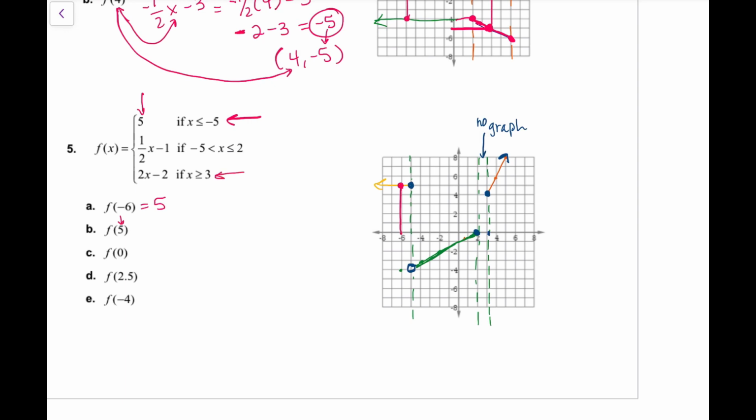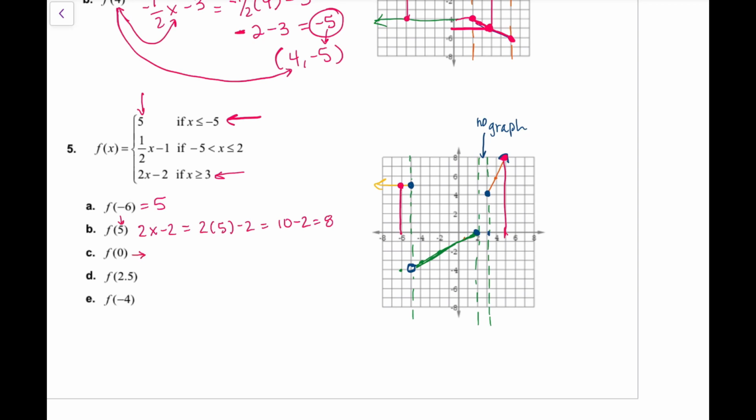So we're going to use the third equation. We have 2x minus 2, which if we plug in a 5, we have 2 times 5 minus 2 is 10 minus 2, which equals 8. So at 5, we have 8. So it's going to be clear up here. This is our point. When x is 5, right here, y comes up to be 8.